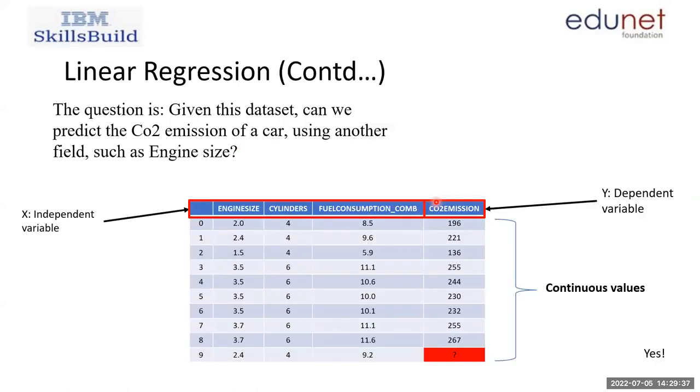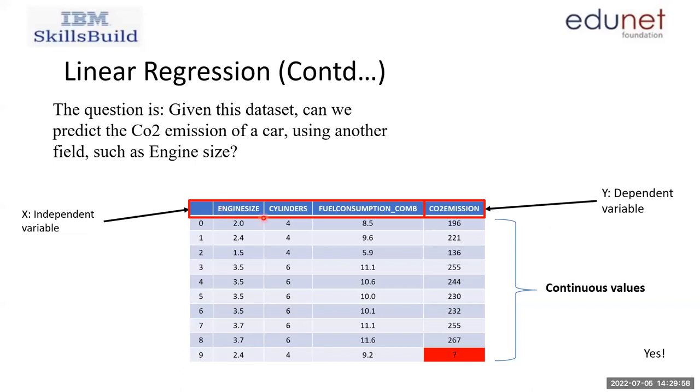Then the question is another situation. Given this data set, can we predict the CO2 emission of a car using another field, engine size? Yes, we can predict. This is the concept called simple linear regression.